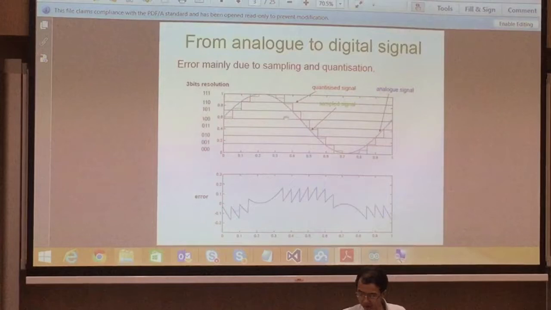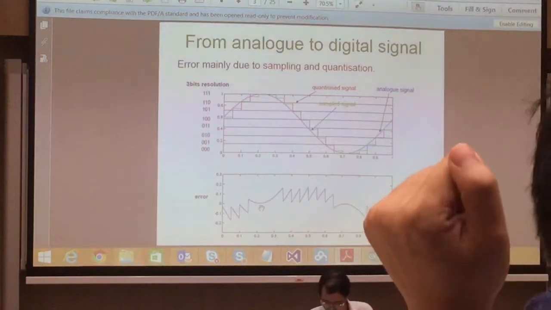If you compare this analog sinusoidal input with the digital output, the difference gives you this kind of graph. This is what we call quantization error. Basically, it is the difference between the analog signal and the digital signal.